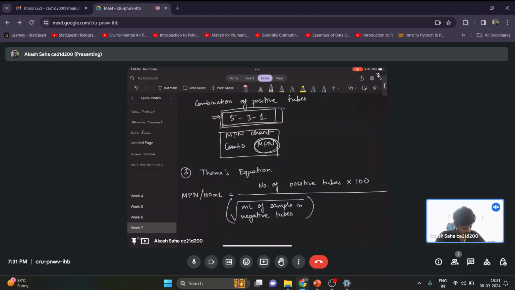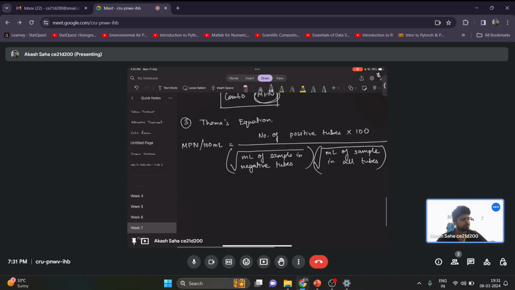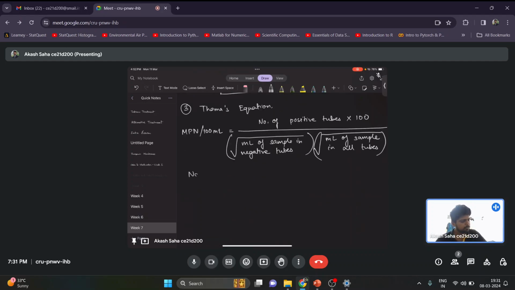So this is the Thomas equation. So what is the number of positive tubes?